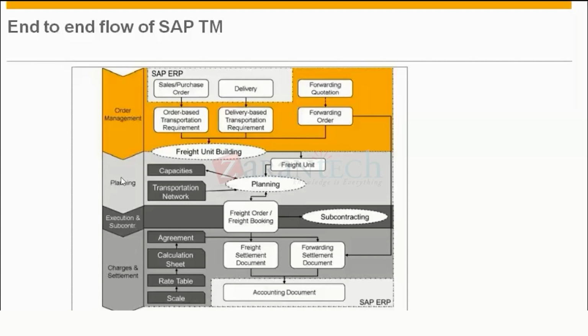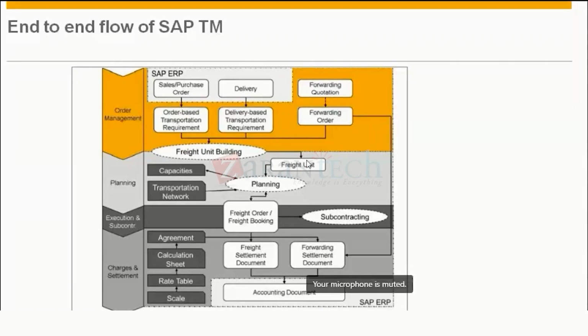In order to create a shipment document, you need to check how my freight unit is to be moved to my final destination location: which route I need to consider for the most cost-optimized process, and which preferred carrier I can use so that my freight unit reaches on time.